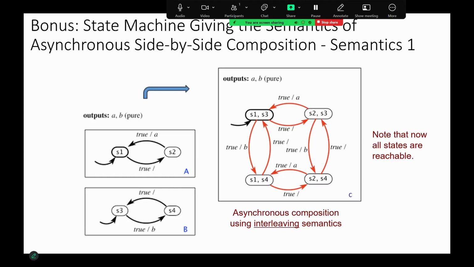Do you agree? Can I change it from 1-3 to 2-4? No, because this will lead to changing S1 to S2 and S3 to S4, which means I am changing both states at the same time.